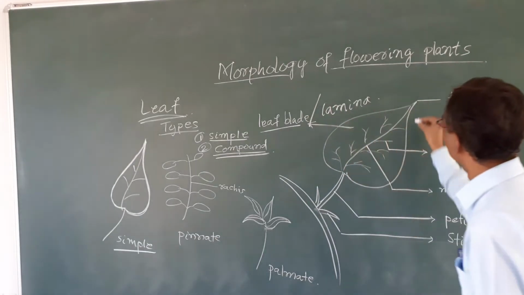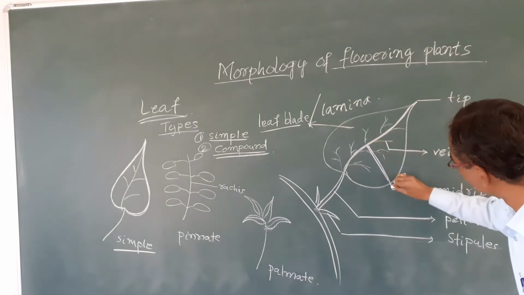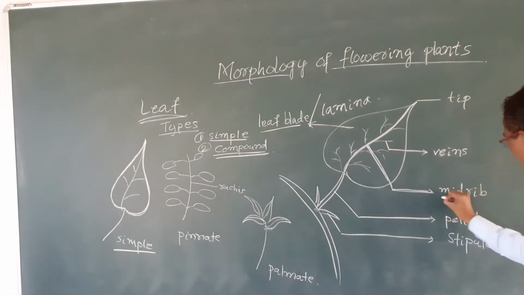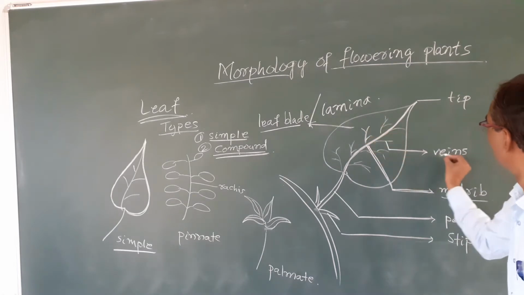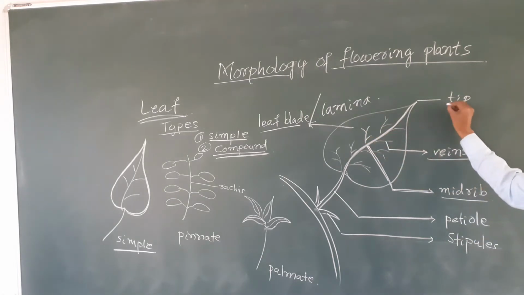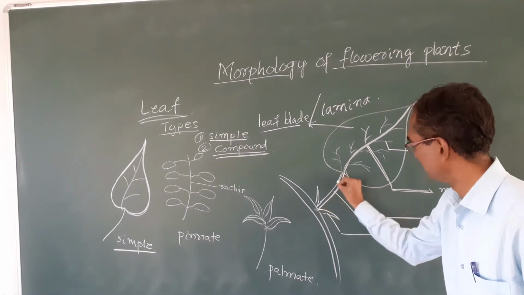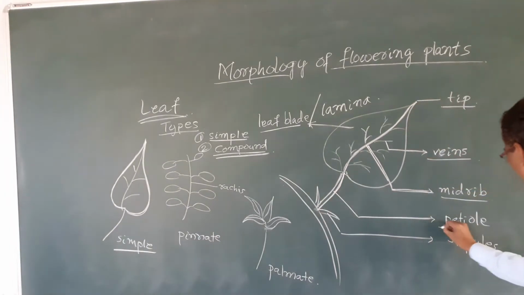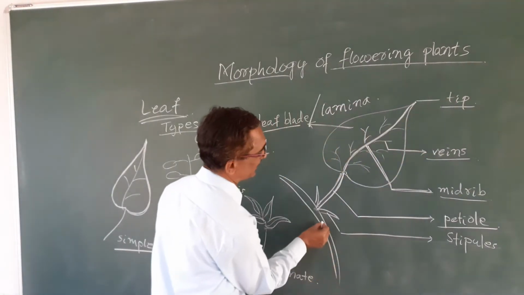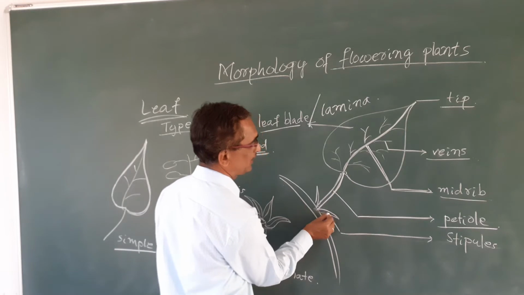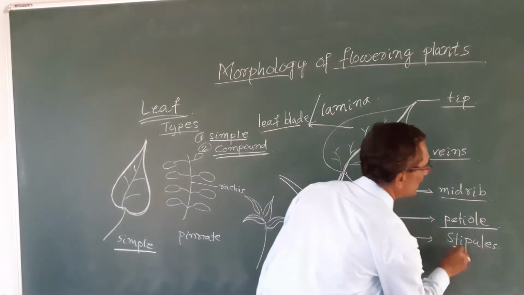This central part is known as the midrib, the central vein. Here these are the veins, and this is the tip of the leaf. You see this stalk of the leaf, this part is known as a petiole, and the appendages which arise at the base of the petiole are known as stipules.